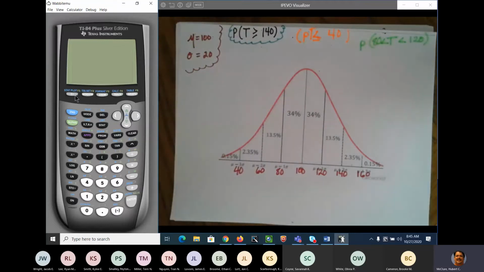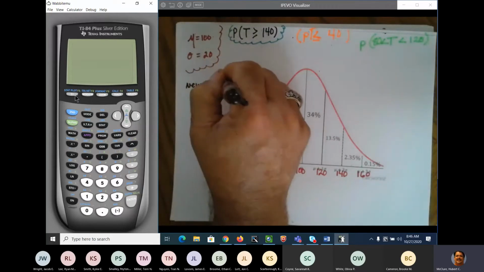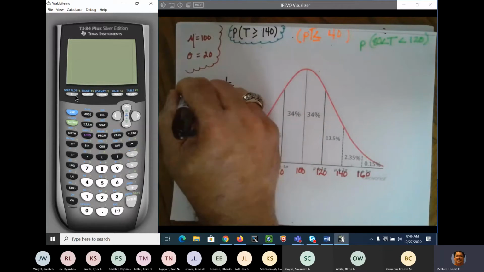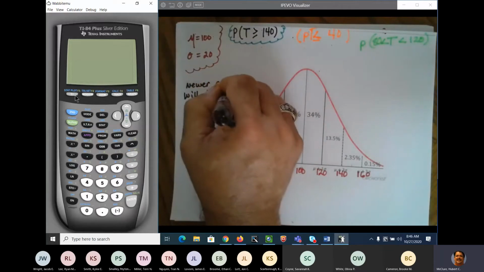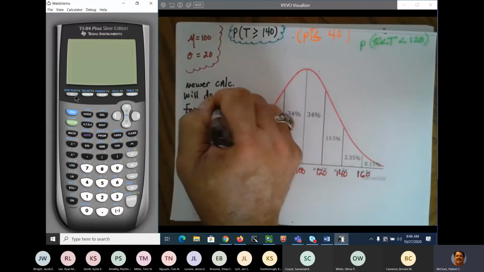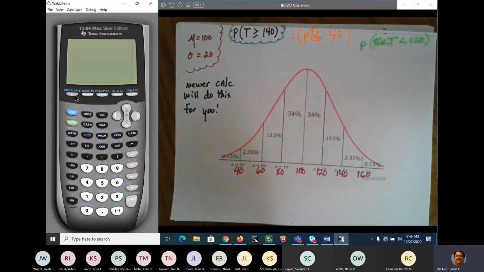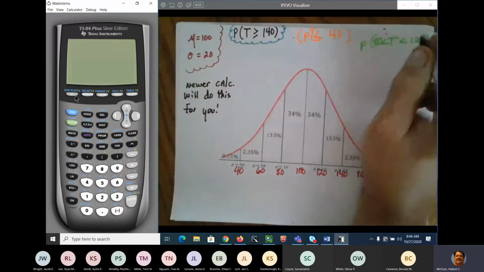Now, the good news is if you have a fairly new calculator, it will do this for you. If not, you have to know these two formulas, and I'm going to write them in red.